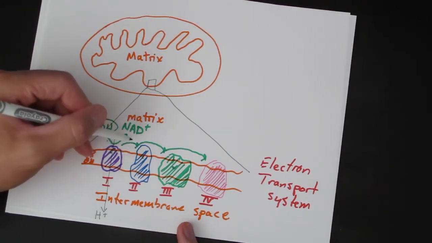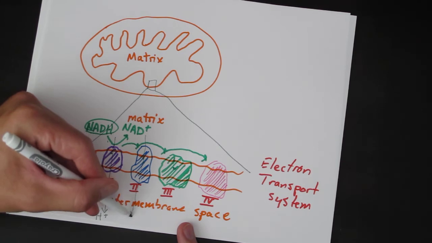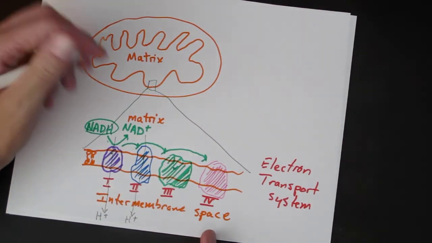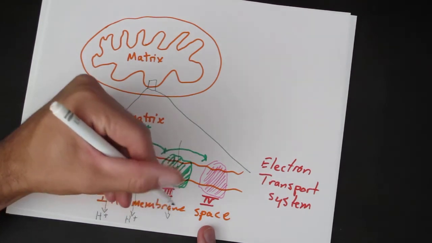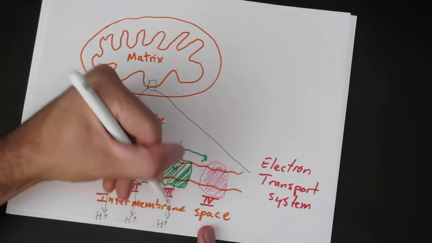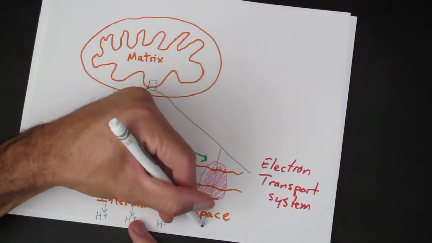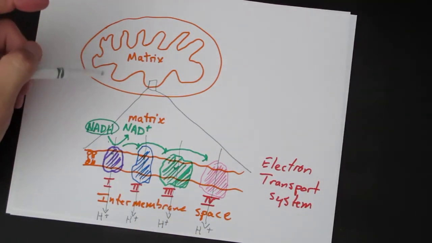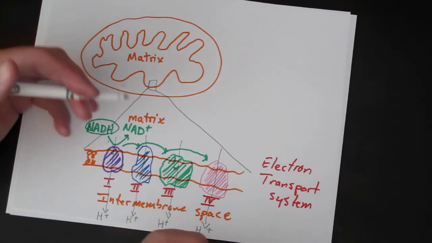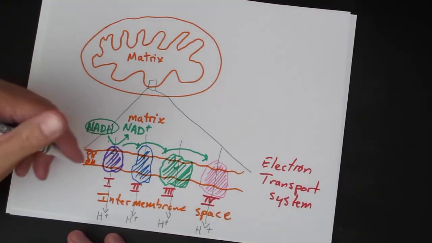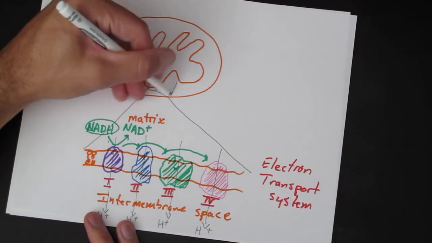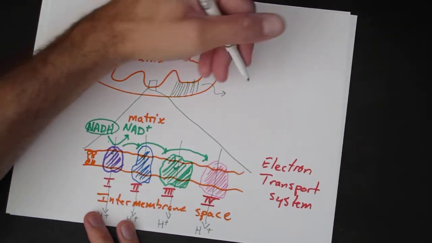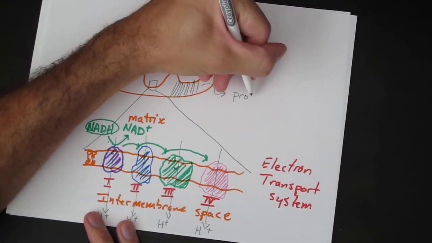When we see the reaction between these enzymes, a proton is pumped. When we see it between these guys, a proton is going to be pumped across. So when we have hundreds or even thousands of these, what we end up with here in the inner membrane space is a proton gradient.